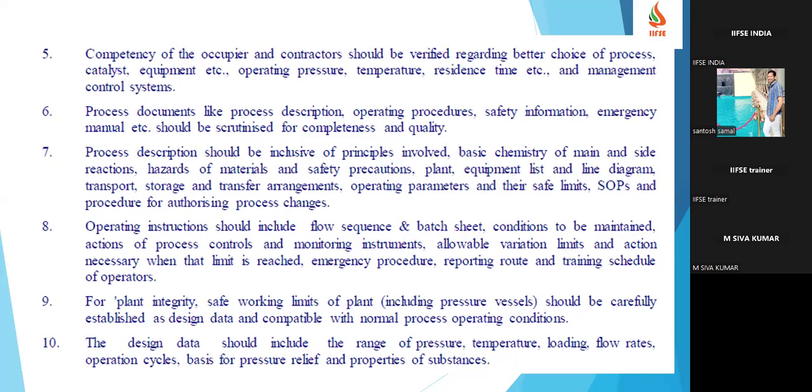Okay. Then also you should know the complete equipment list and also the line diagram. Line diagram in the sense where the chemical is entering and how it is going out of the process and the reaction. All these things we have to check.